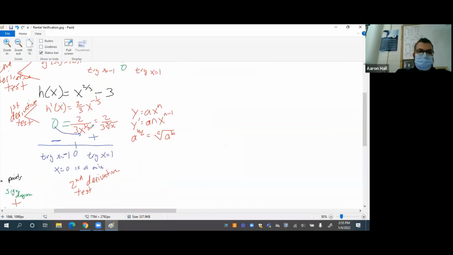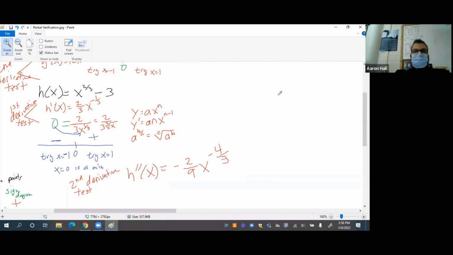Okay, so here was our first derivative. Can we take the second derivative of that? H double prime of x is what? -2 over 9 times the cubic root of x to the -4/3, okay.